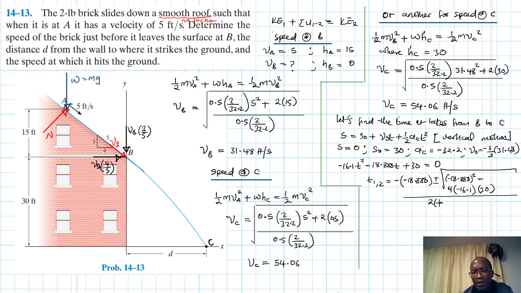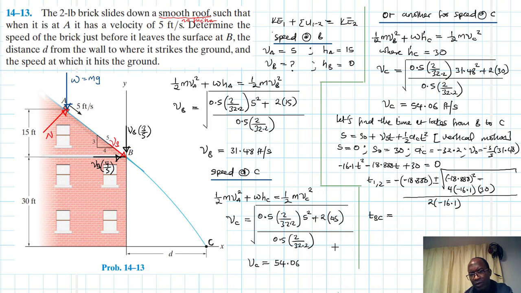And our a is just minus 16.1. So we are getting t. This t is the time it takes to move from B to C. So we are just taking the positive. So 18.888 squared plus 4 by 16.1 by 30. Then square root of that.